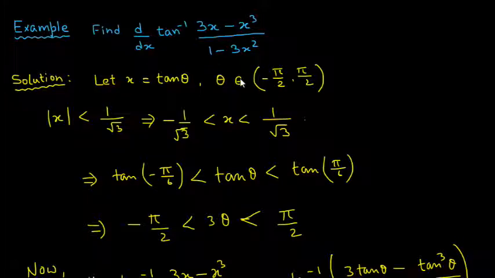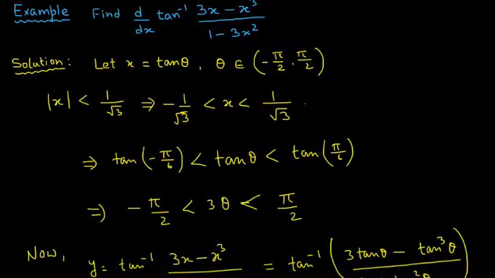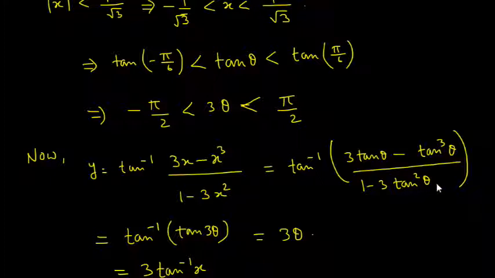It is the formula for tan 3 theta from trigonometry. It is in the form (3x minus x cube) upon (1 minus 3x square), so it is in the form 3 tan theta minus tan cube theta upon 1 minus 3 tan square theta. So instead of that, we can write tan 3 theta.